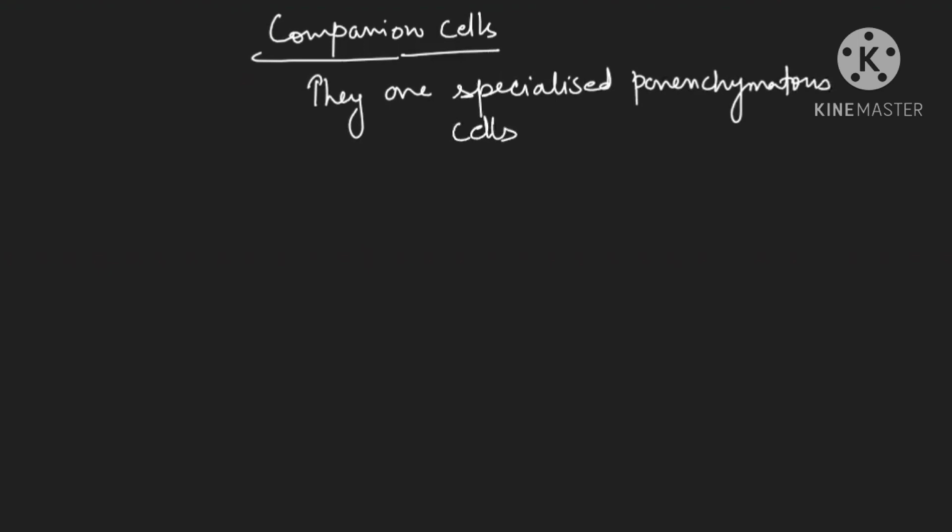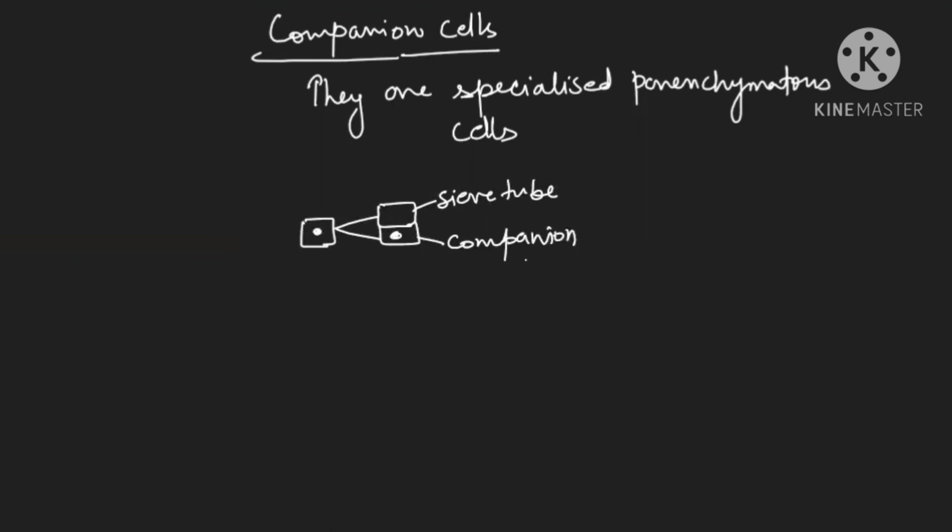And I told you that they are coming from one cell only. One cell divides to form two cells. One works as the sieve tube element. Another works as a companion cell, with a nucleus. So that is why sieve tube element and companion cells come from the same mother cell.